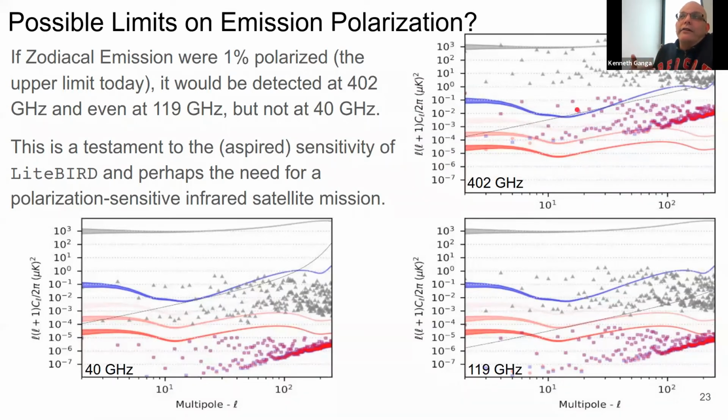What I'm saying here is that LiteBIRD, which is a CMB radio mission, should be able to set the best limits on the polarization of the zodiacal light that have ever been made. Honestly, if my assumptions are correct, that is pretty amazing, given that the zodiacal light emission peaks in the infrared. We're saying that LiteBIRD is sensitive enough to set world-class limits on the polarization.